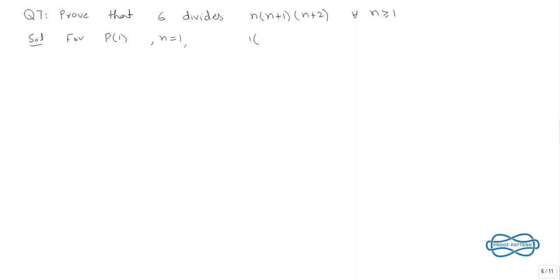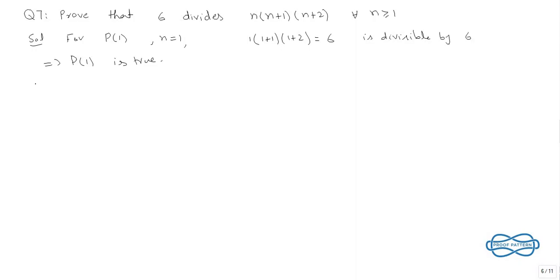We get 1 into 1 plus 1 into 1 plus 2, which is equal to 6, divisible by 6. So this means P1 is true, the condition is true for n equal to 1.